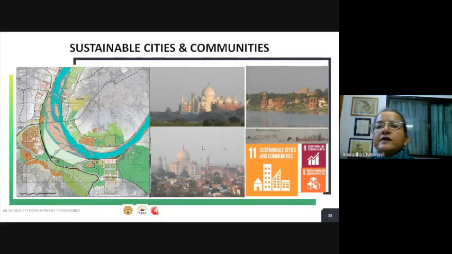So, when we look at the challenges which are presented in relation to integration of heritage resources for sustainable development in cities such as Agra, we have heritage resources which are of global significance, such as the World Heritage Site of the Taj Mahal, which is managed.